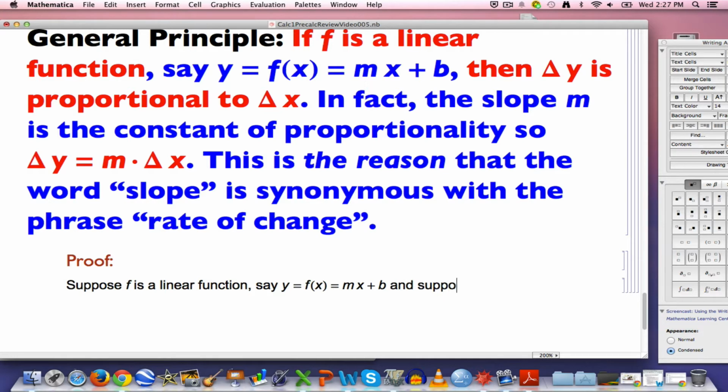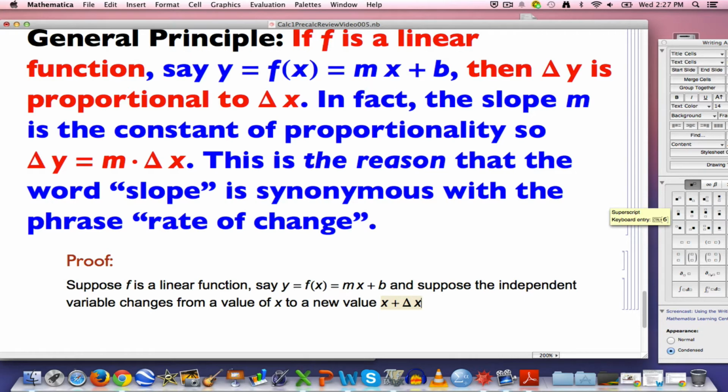And suppose the independent variable, which I'm calling x in the formula, changes from a value of, okay, now I'm going to use the same letter x, but here I'm thinking of x as being something specific. Imagine a number line, draw a point in that number line, label it with the letter x, to a new value, well, x plus delta x, so it's changing by delta x.